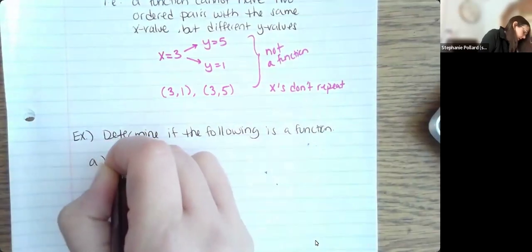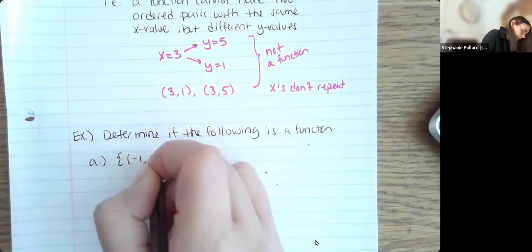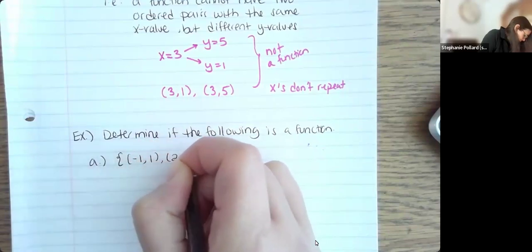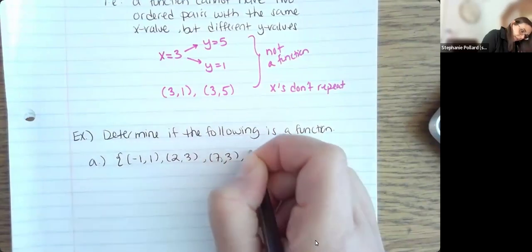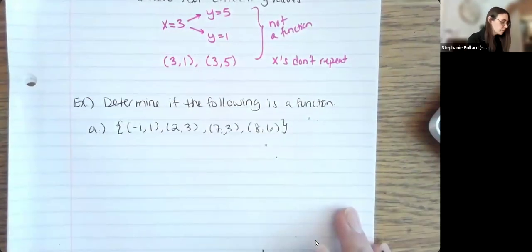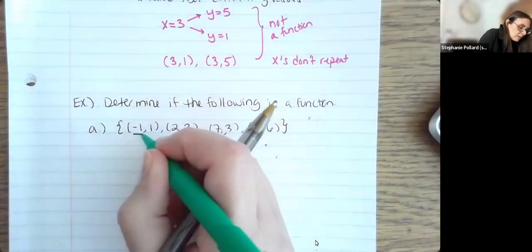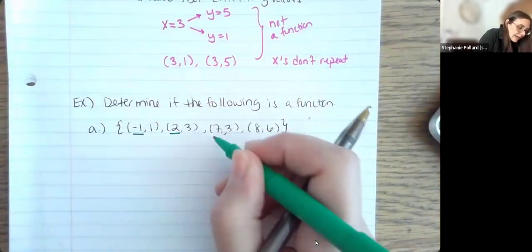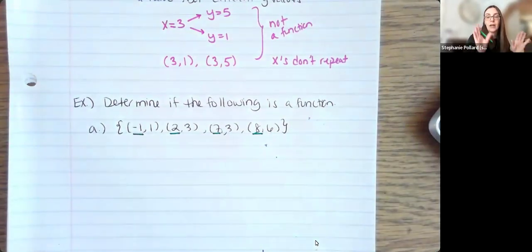Let's look at the set of points (-1, 1), (2, 3), (7, 3), and (8, 6) as my first example. If I go through here, I look at my x values. I see x is -1, x is 2, x is 7, x is 8. Those are all different x values. There are no x values repeating there. So this is a function.